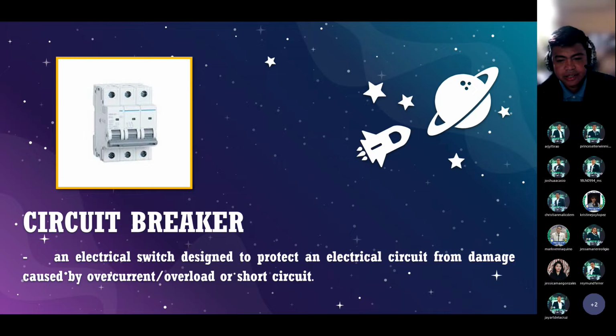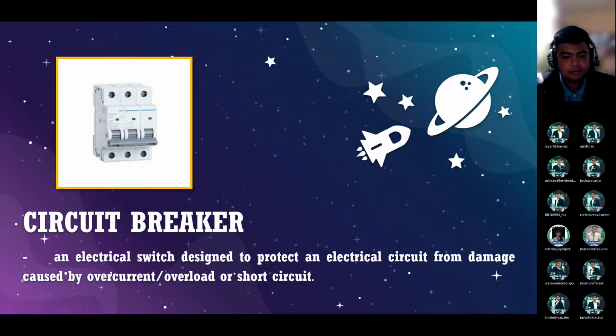Next is circuit breaker. Kindly read, Mr. J.R. An electrical switch designed to protect an electrical circuit from damage caused by overcurrent, overload, or short circuit. Okay, thank you, Mr. J.R. Its basic function is to interrupt current flow after protective relays detect a fault.